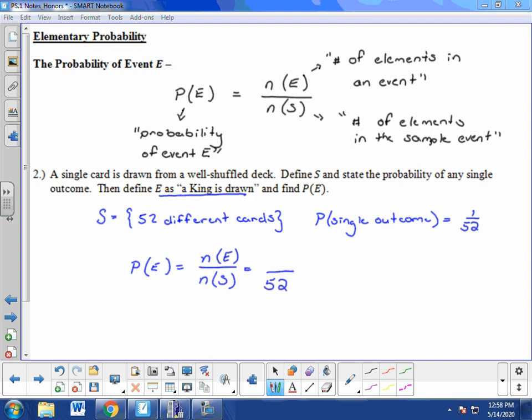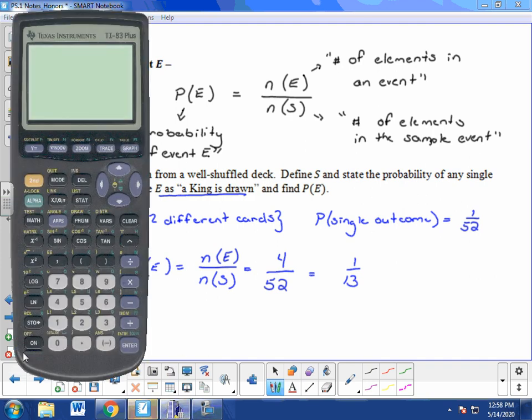So there's a king in each suit: clubs, hearts, spades, and diamonds. So the number of elements in the event is 4. So there are 4 ways that we could pull a king out of these 52 cards. So the probability of this, if we simplify, would be 1 over 13, which we can put into either a decimal or percent.